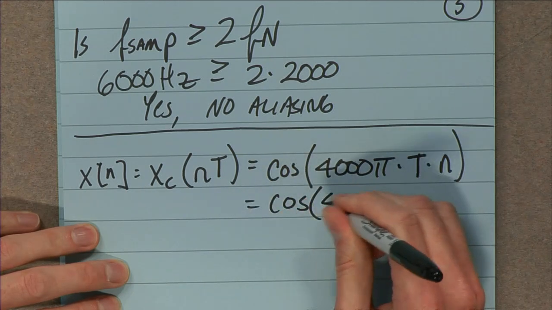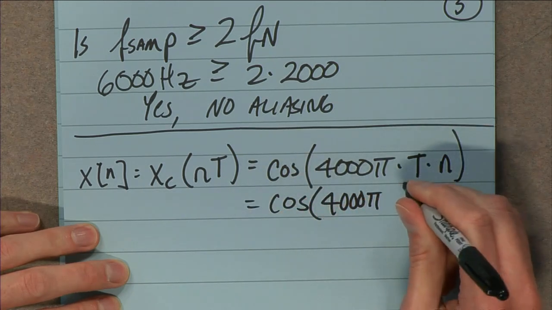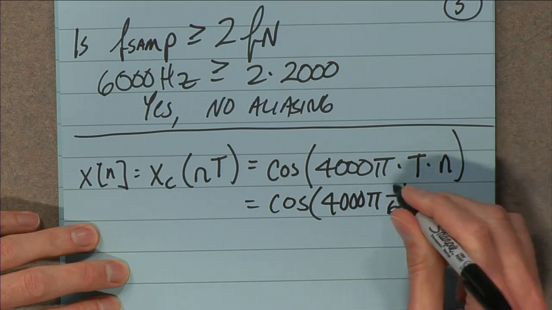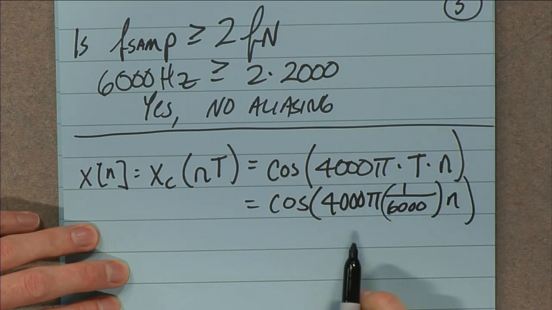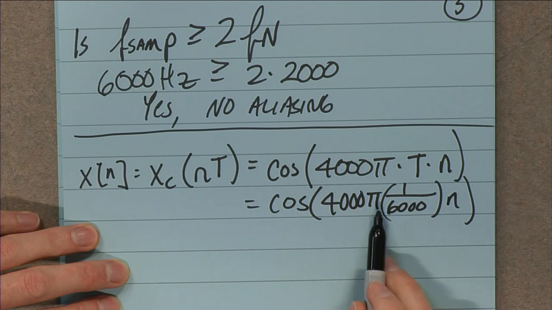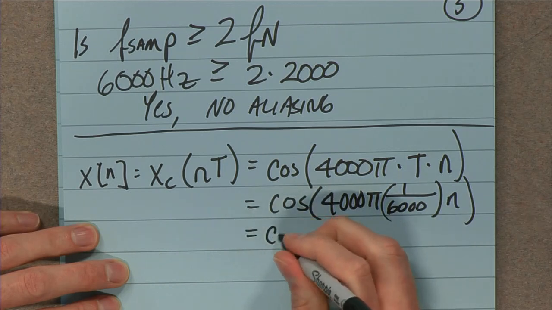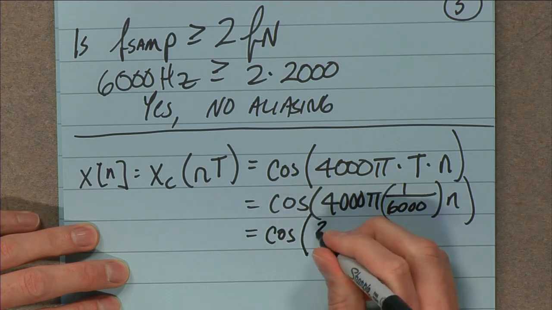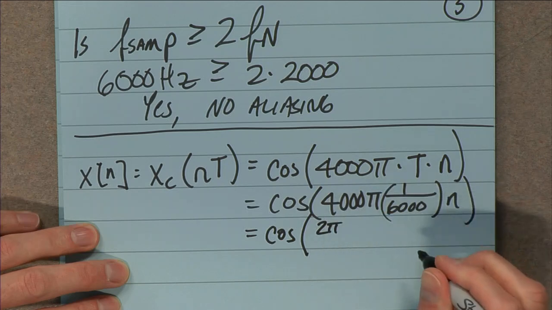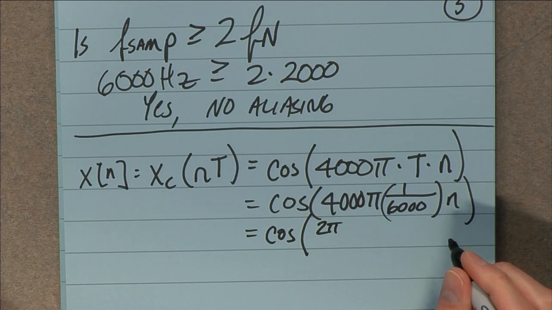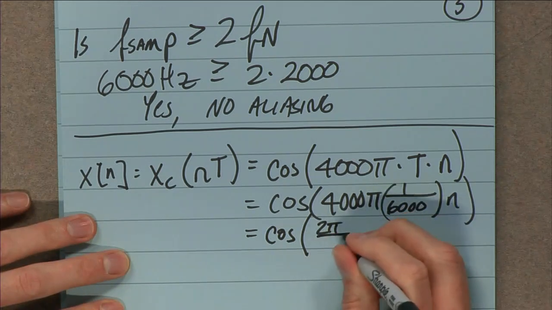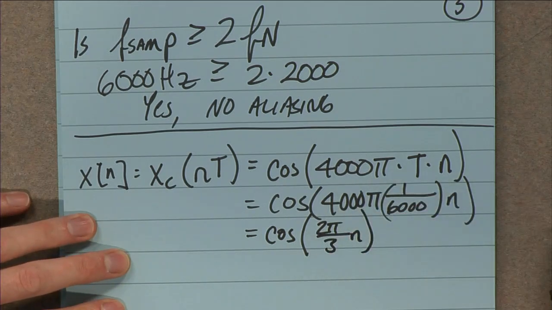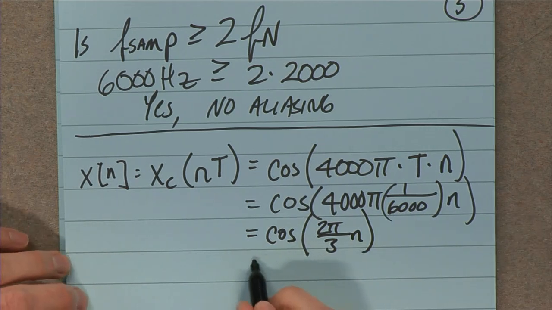A little bit of algebra shows it's 4,000 pi times 1 over 6,000 times n. Thousands cancel, so it's cosine of 2 pi over 3 n. So there's our discrete time version of the signal.